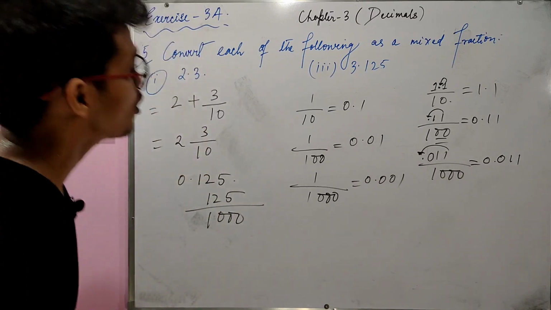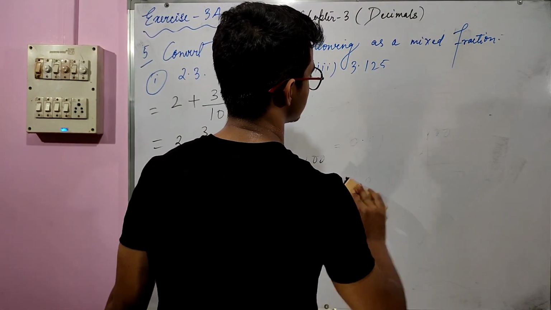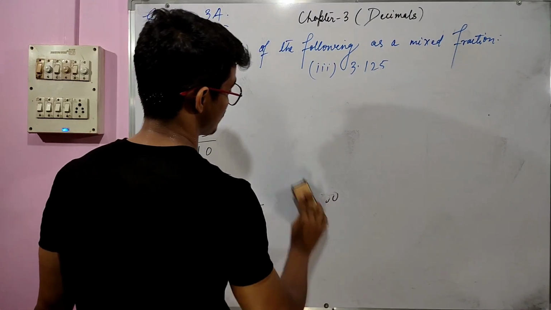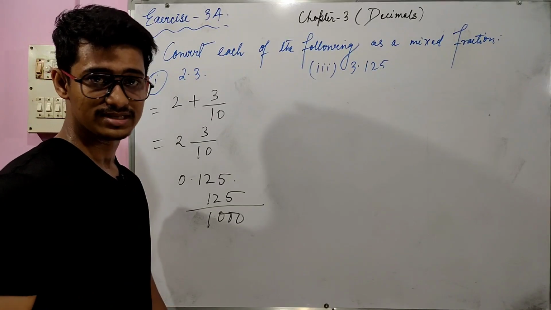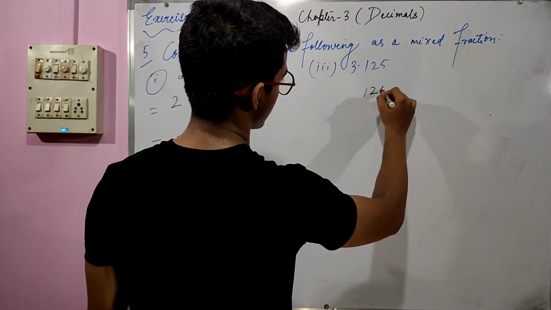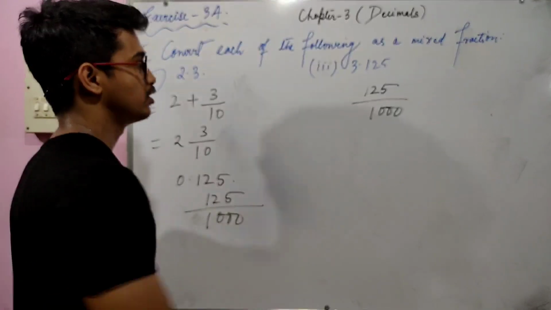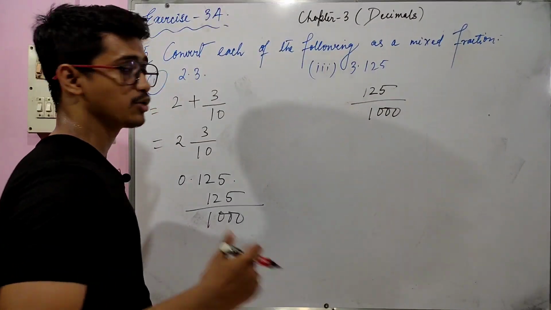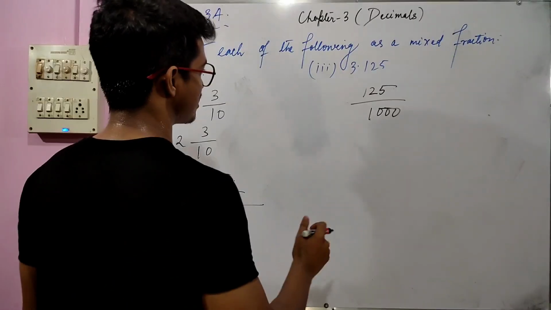If after the point 3 numbers are there, what do we have to write? That is 1 2 5 here, 125 is there after the point. So 125 by 1000. Now the process is not completed. Before the point, what is that number? That is 3.